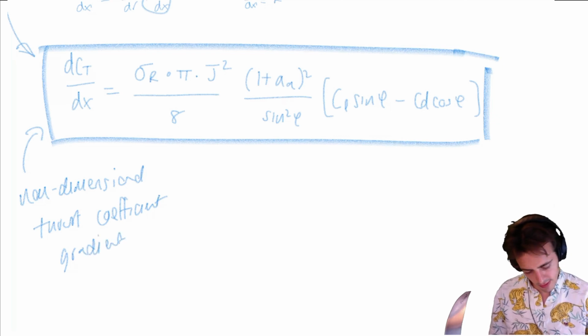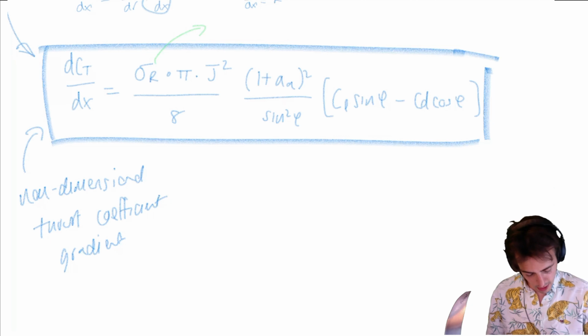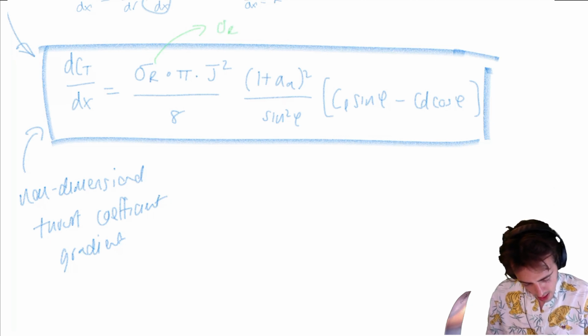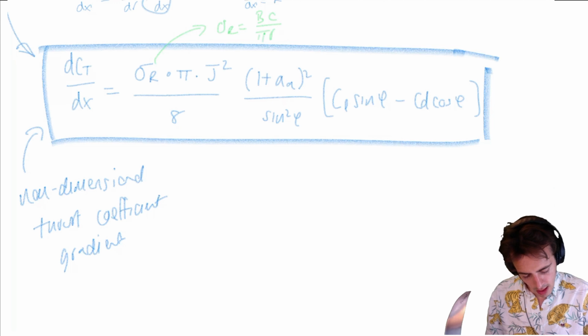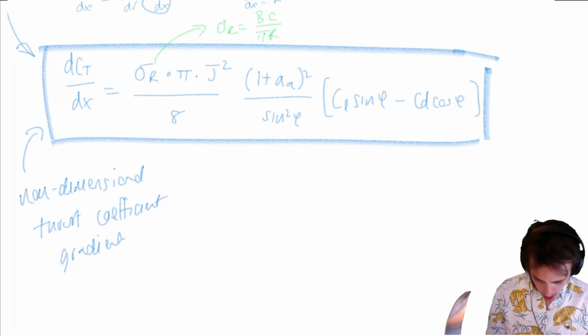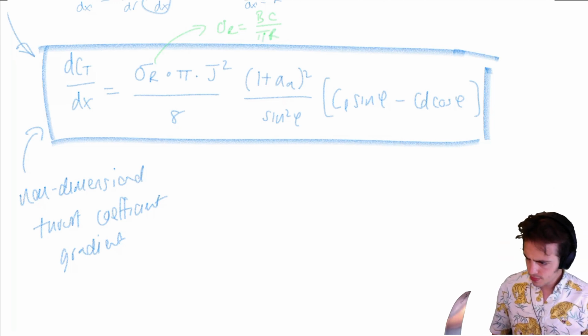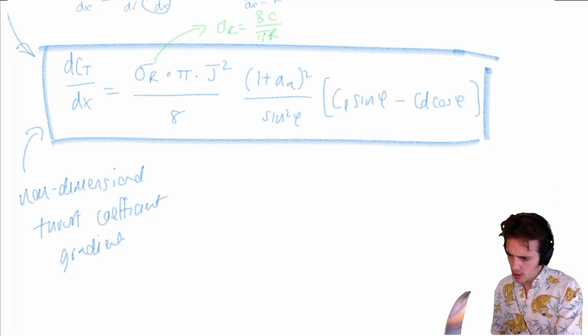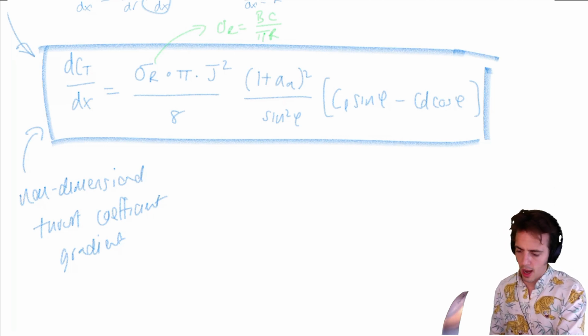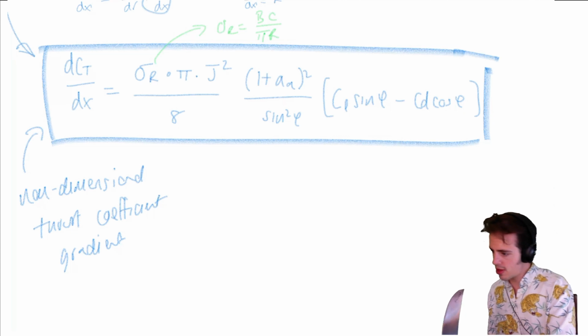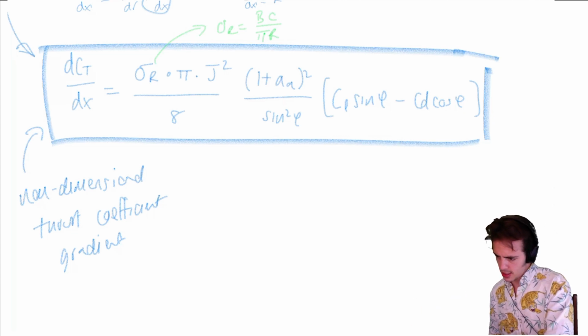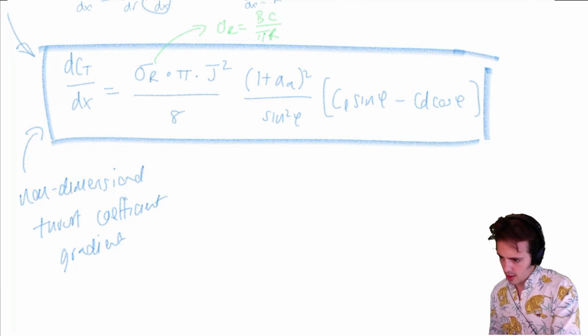So it's a function of this modified solidity. So sigma r is equal to B c on pi r. We've got pi on the top as well. Does that go? No, it doesn't. Pi still exists in this expression. Let me just check I haven't made a mistake here. Go back to my own notes.